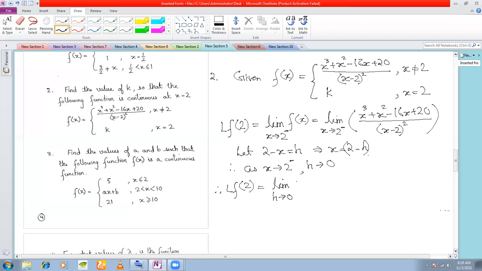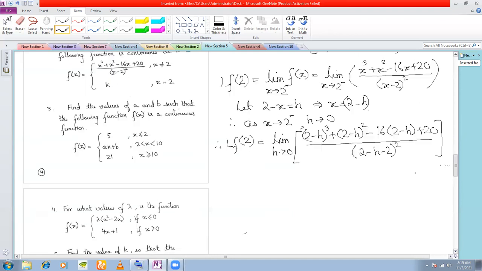Put the value of x here: (2 minus h) whole cube plus (2 minus h) square minus 16 times (2 minus h) plus 20, divided by (2 minus h minus 2) square.